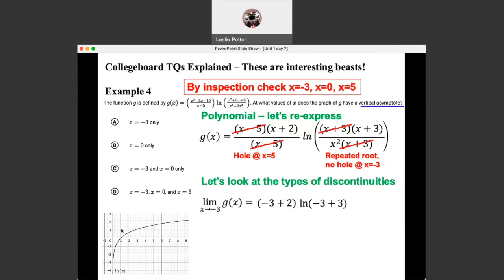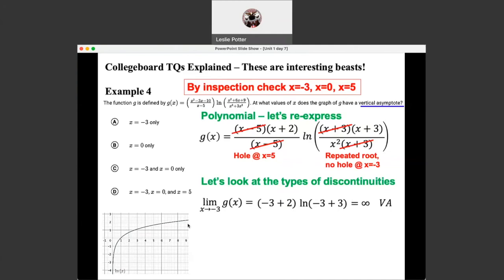The natural log of 0 doesn't exist. Natural log goes to -infinity as the stuff in the brackets goes to 0. So this is -1, and -1 times -infinity is +infinity. Any limit that goes to infinity means I have an asymptote at this location. So that's a vertical asymptote.